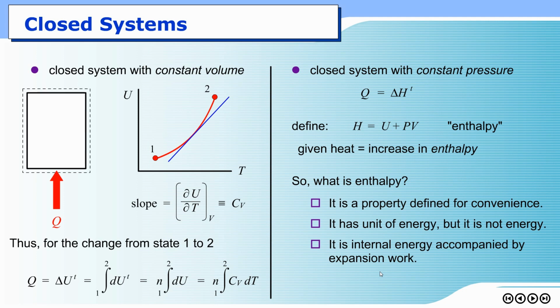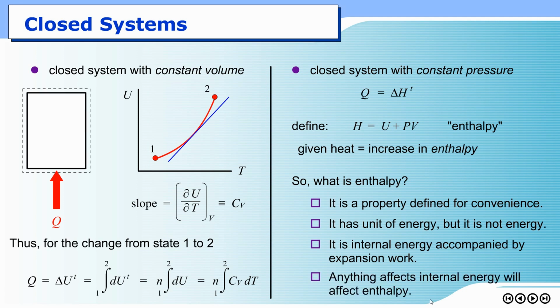Okay, it is not really this definition because expansion work should be P delta V, but enthalpy is U plus PV. We look at the term PV in the enthalpy to be the term relating to work, and that work should be expansion work. So sometimes people would say that enthalpy is basically internal energy accompanied by expansion work.